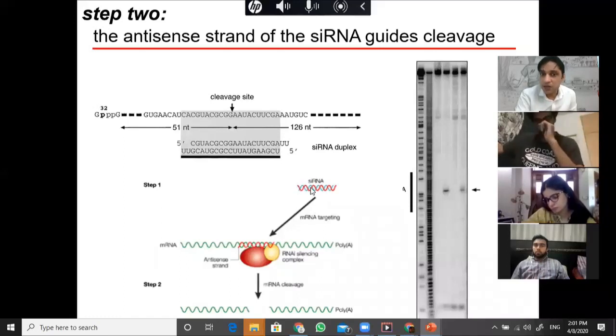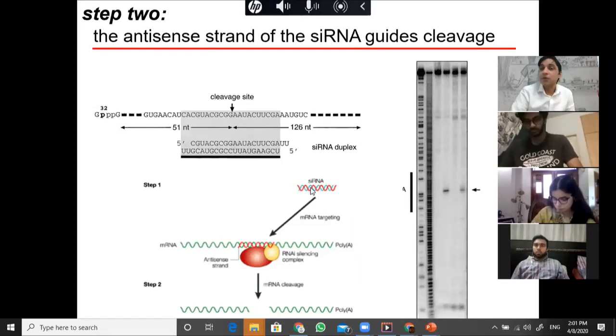There are two strands on this double-stranded DNA. Actually, it's a double-stranded RNA. The one is referred to as blue, the other is red. The blue one has the same sequence as the target messenger RNA, and the red one automatically will have the complementary sequence of the target messenger RNA.